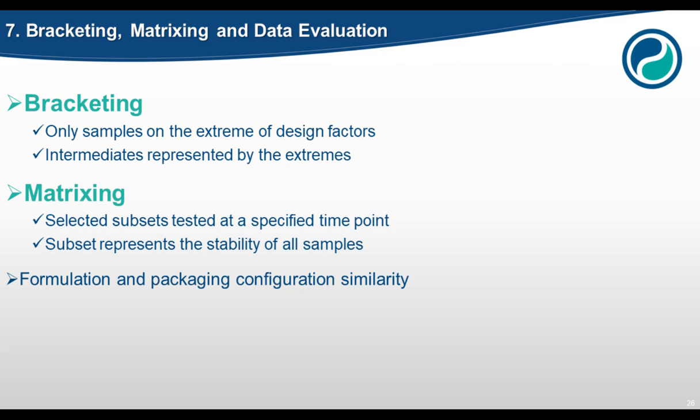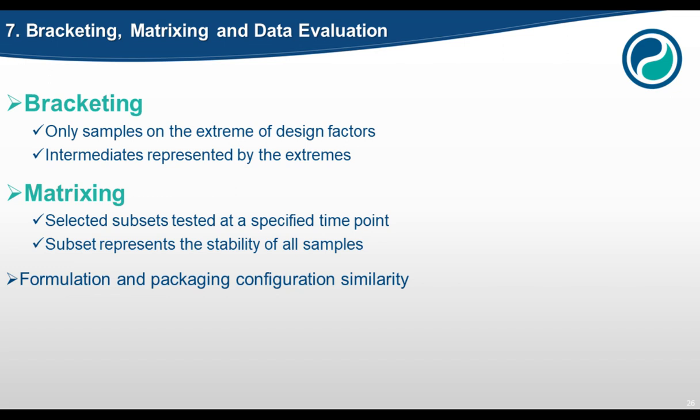Bracketing and matrixing approaches are widely used for stability study design to cut the sample requirement and testing requirements short. In the bracketing approach, normally we use extreme design factors, and we assume the intermediate samples are represented by the extremes. And the matrixing approach is a little bit more complicated.